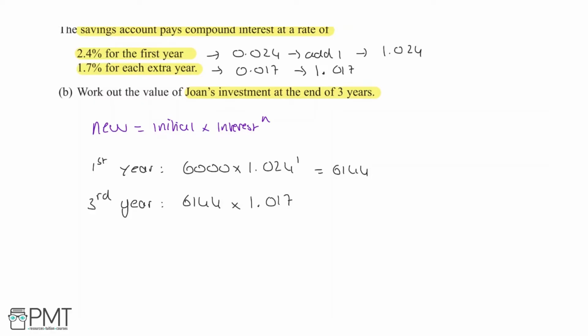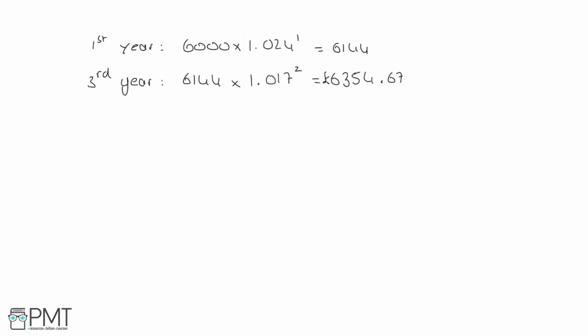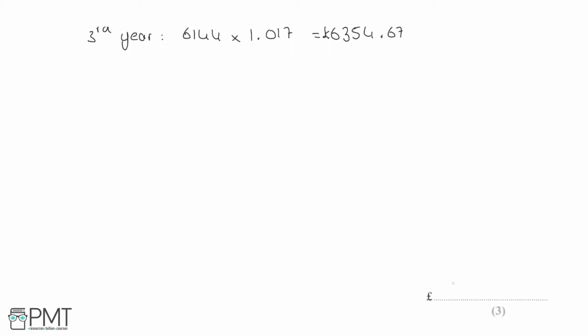The number of years is 3 minus 1 for the first year, which is 2 years. So in our calculator, we multiply 6,144 by 1.017 to the power of 2 to get £6,354 and 67 pence.